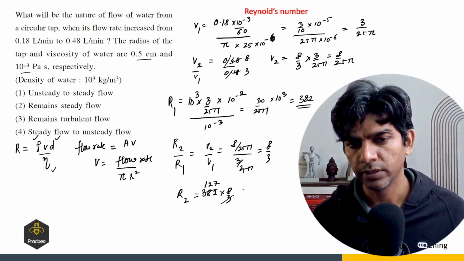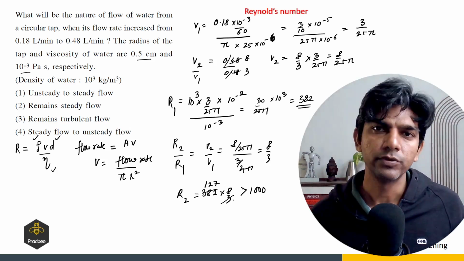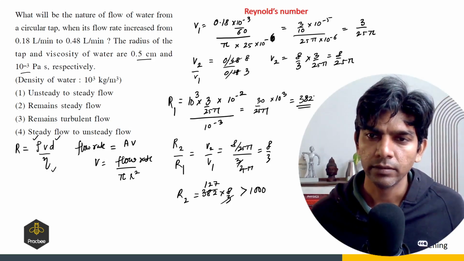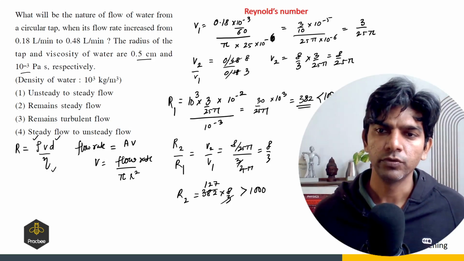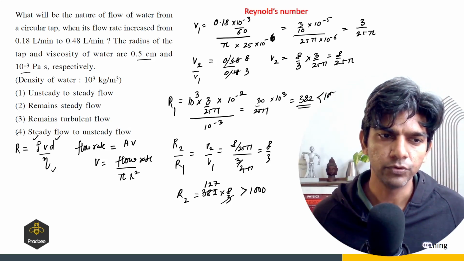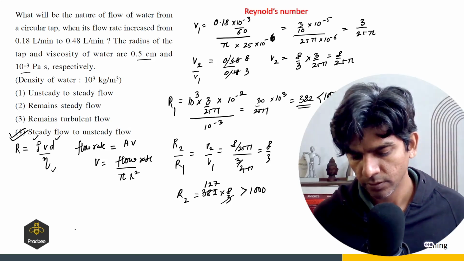So this number is greater than 1000, right? So when R2, when Reynolds number is greater than 1000, the flow will be unsteady, and R1 is less than 1000, so the flow is streamline. So we can say the flow changes from steady to unsteady, right? So option 4 is the right answer.